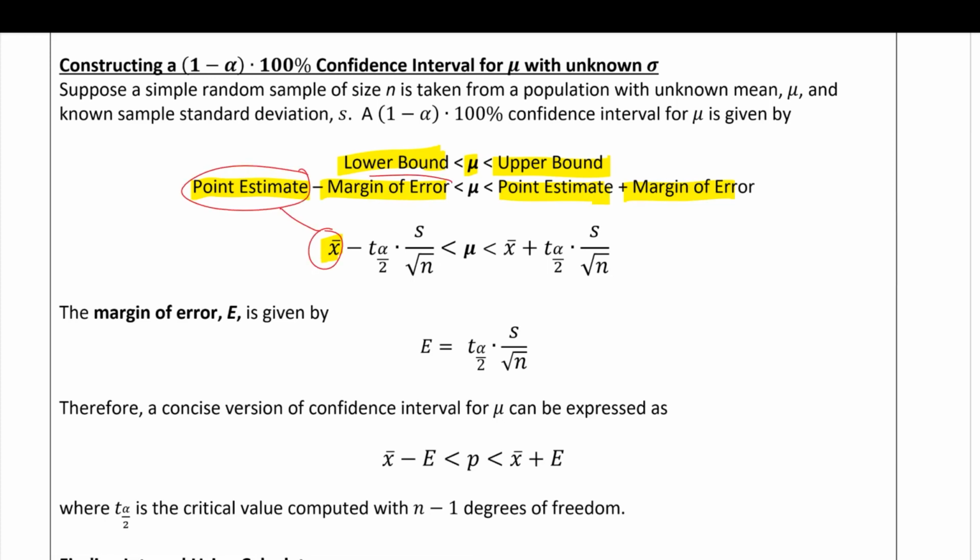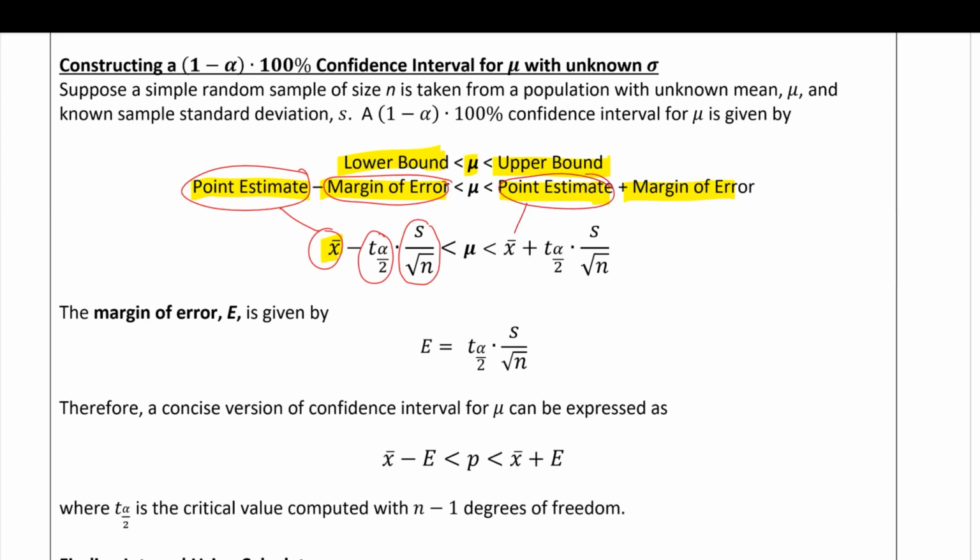This margin of error is related to what we talked about before, which is the standard deviation of the sample mean times the t-value. So you can think of this as the number of standard deviations, okay? It's not exactly that interpretation, not like when we're dealing with z-scores, but for t-values it's similar to that.